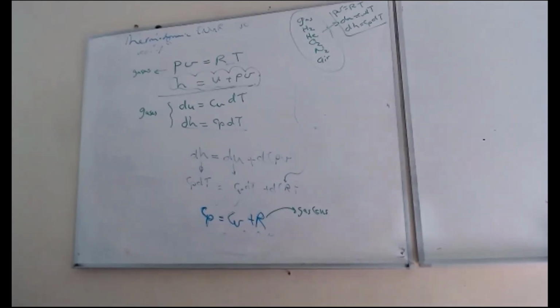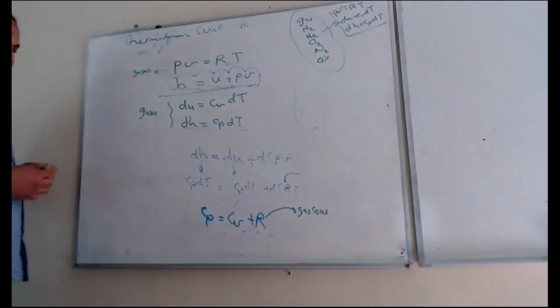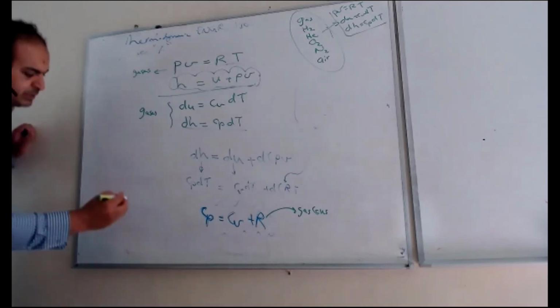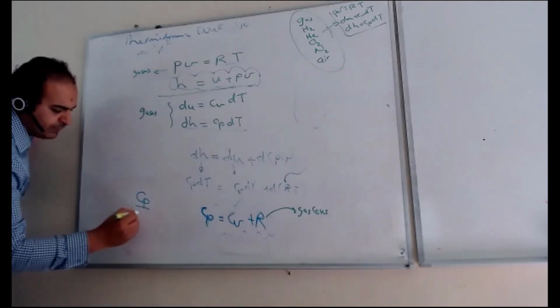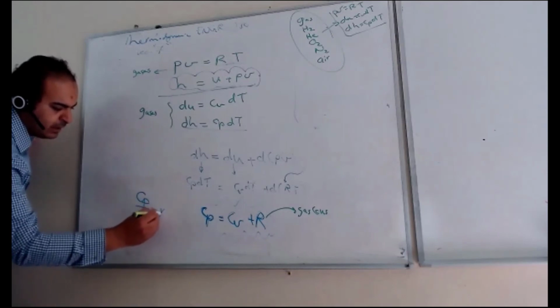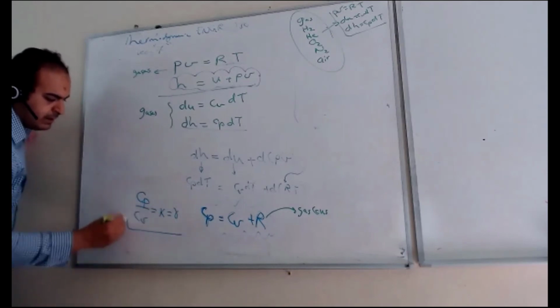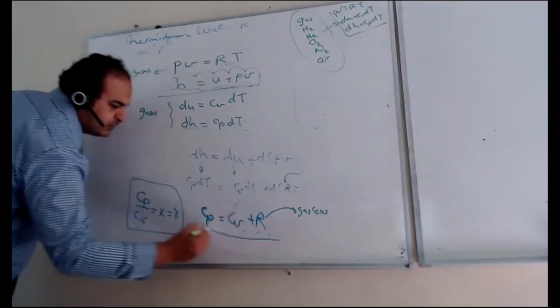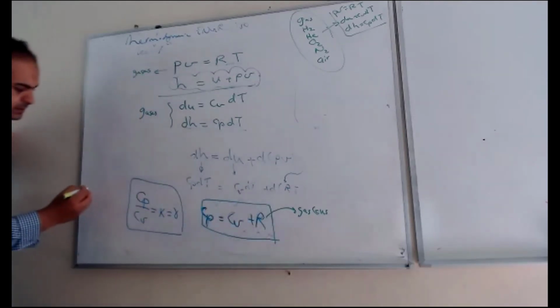That's an important, famous correlation. And we also have another very important definition. It's called Cp over Cv. It's called k, sometimes gamma. This and this are very important for ideal gases.